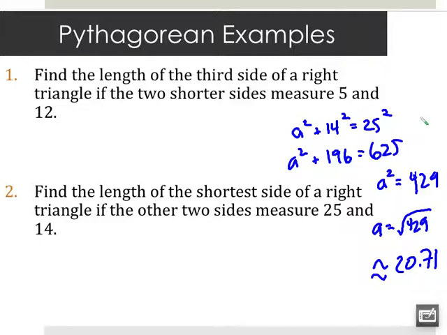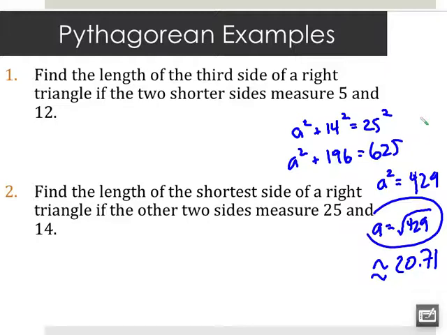How about 429 divided by 11? It's 39. But that's... Oh, 429 divided by 121. No? 3 works, but 3 is not a perfect square. 9 doesn't work? Okay, so in that case, we just don't do it.